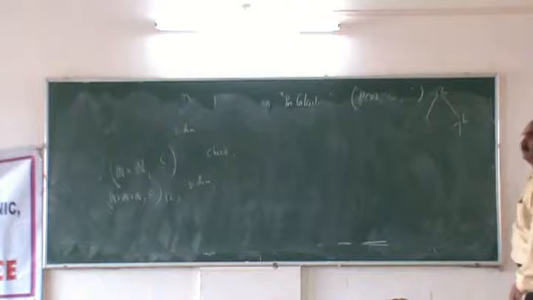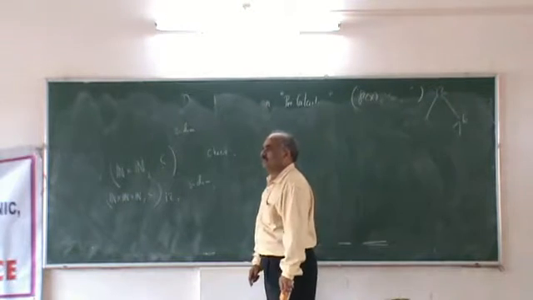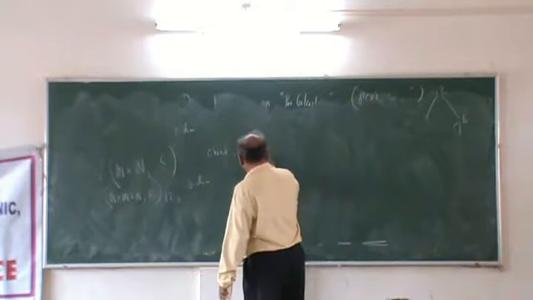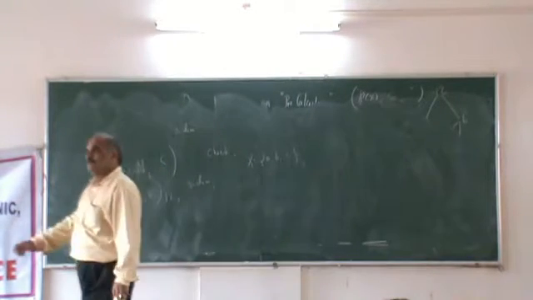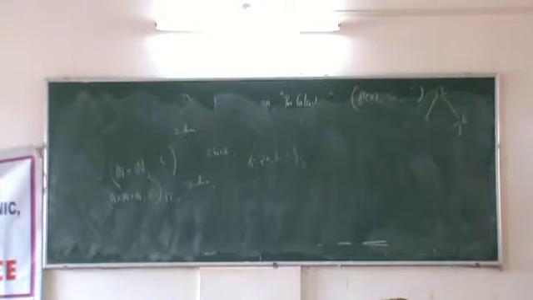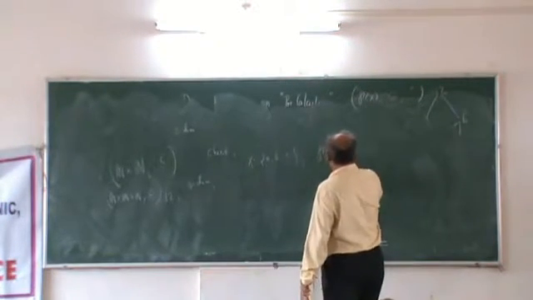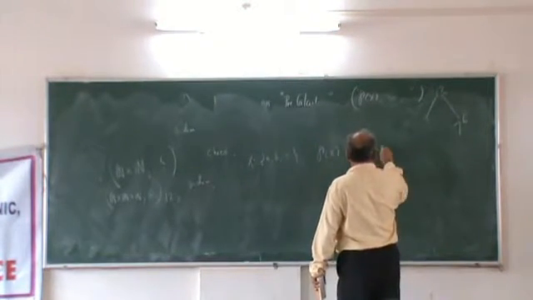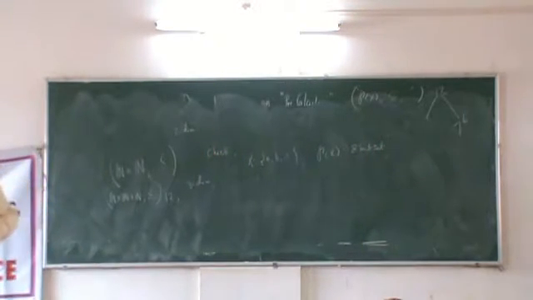You can check. Basically, see, X is equal to {A, B, C}. What is my power set? The power set has 8 subsets, right? You get a cube.